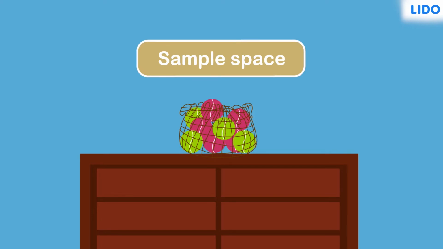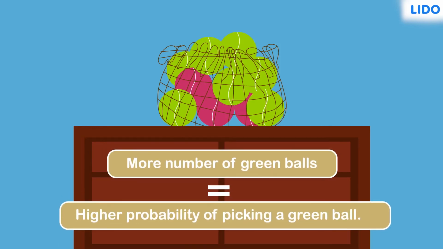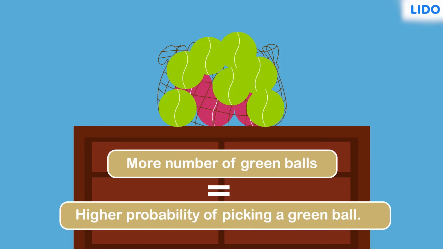Now, the question is, how do we determine the probability of an event taking place? Let's say that this bag has 10 balls. If 3 of them are green in color, then there's a pretty low chance of picking up a green ball. But if 7 of them are green in color, then there's a good chance that we pick up a green ball.